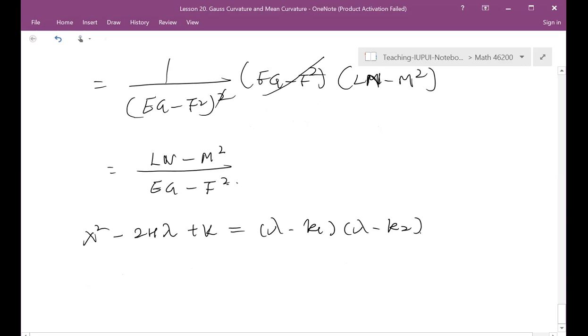We will do some computation examples later.